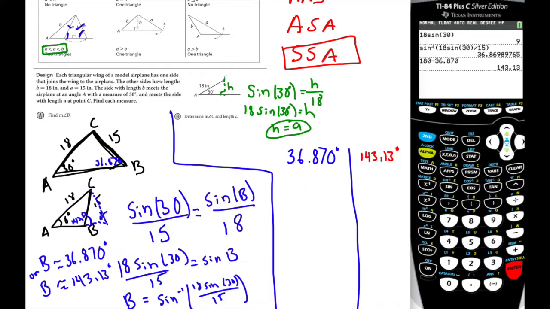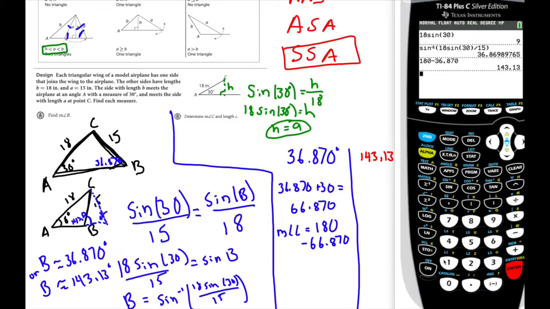Now I'm going to start with this. So if this is B, well, I can figure out C, because I know that 36.870 plus 30 equals 66.870. So therefore, the measure of angle C is equal to 180, which is what a triangle adds up to, minus 66.870. 180 minus 66.870 gives me 113.13.